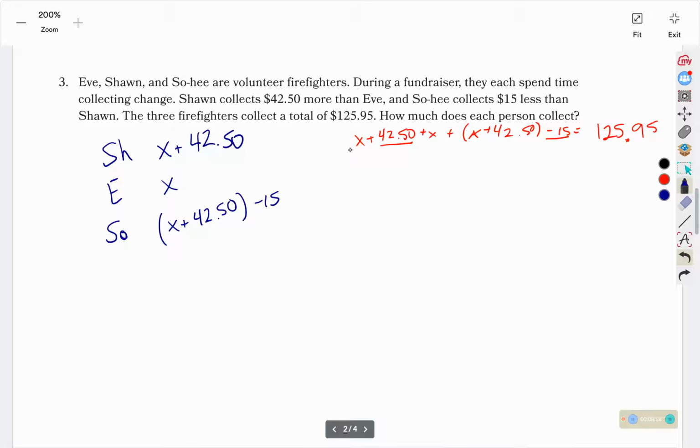I can also combine my x terms and my number terms here. Well, 42.50 plus 42.50 would be $85. And then we can subtract 15, which would give me 70. And I have 1, 2, 3 x's.